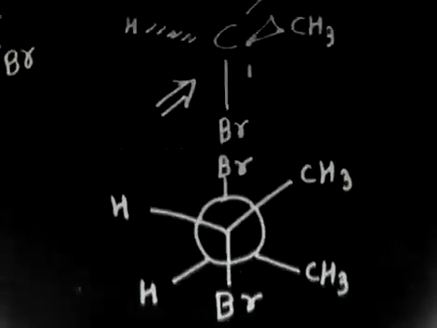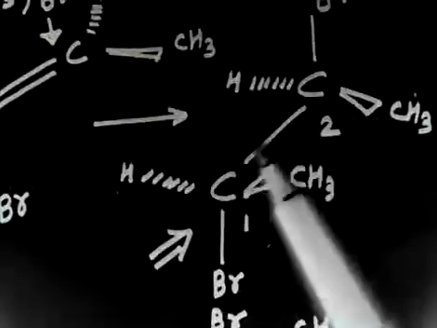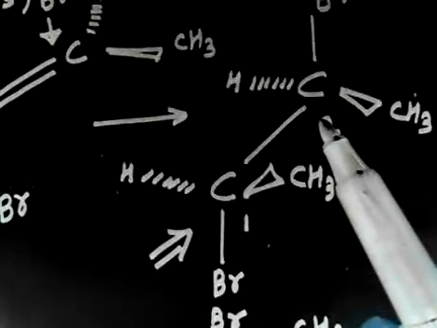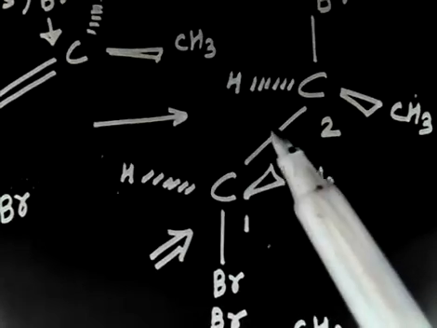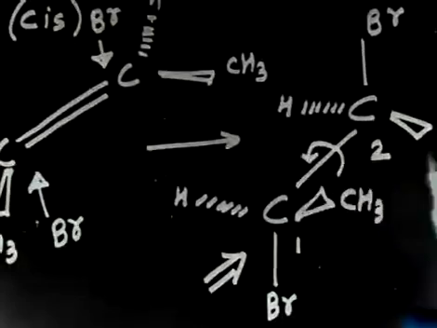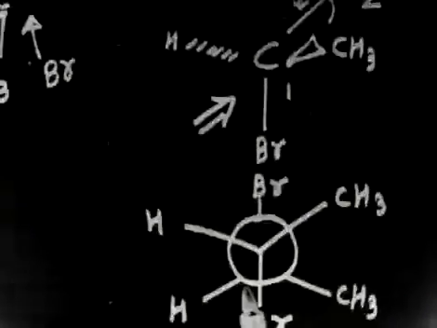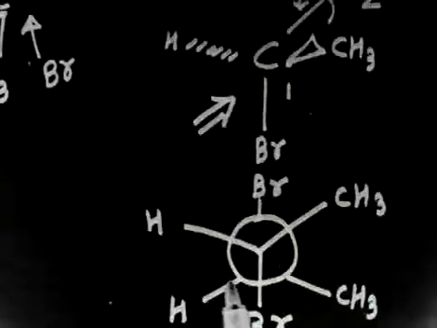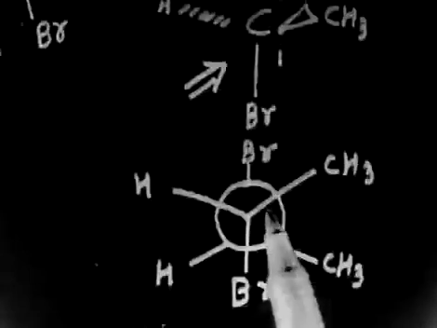If you wish, you can also write the Fischer projection formula of the same compound. So this is the compound you have. The only thing in the Fischer projection formula is that two bonds should come towards you. If you are looking from the top, I can rotate this bond so that this CH3 and hydrogen go up, or I can do it here itself. Either I can rotate here, or here.